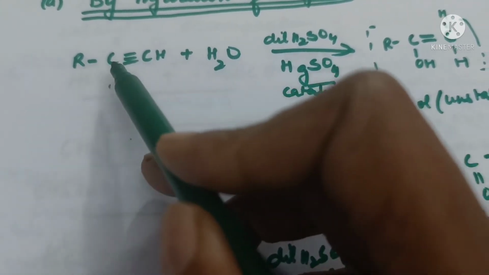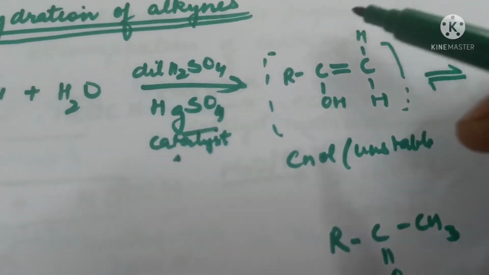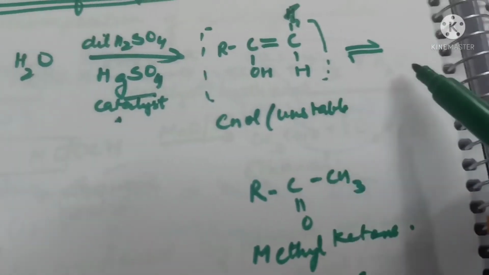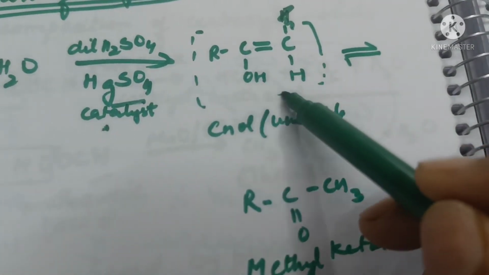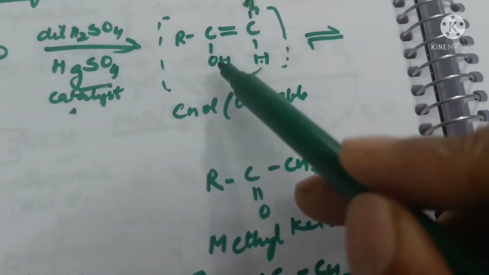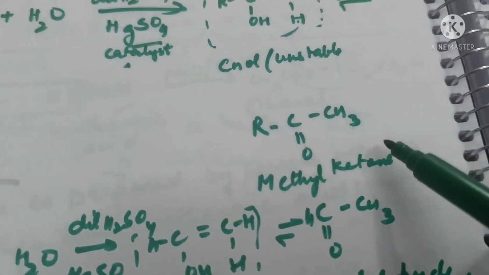So CH3 C(OH) double bond CH2 will be formed, and then it undergoes tautomerism. The hydrogen moves here and the electrons come here to form R C double bond O and single bond CH3. So this is methyl ketone.